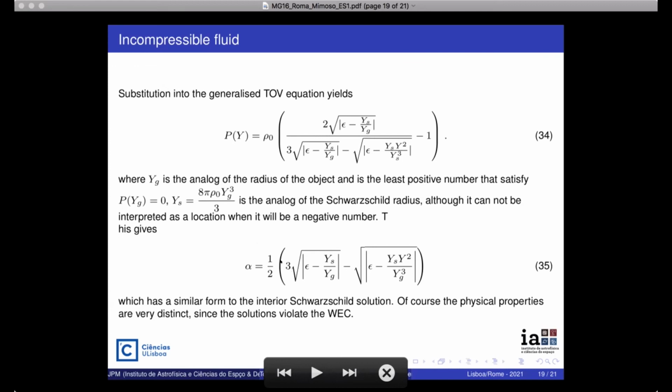So alpha is of this form, and we see that this is a generalization of the interior Schwarzschild solutions with constant energy density, with the obvious difference that epsilon here is negative, and that these quantities are not really well defined, especially the y's for the cases where we have a negative.